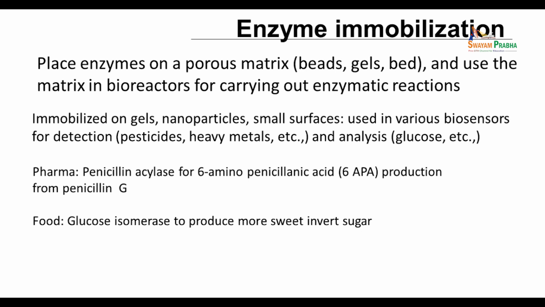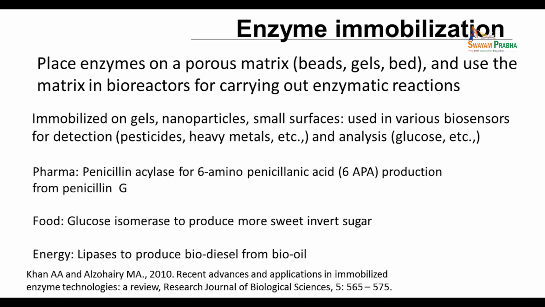In the food industry, glucose isomerase to produce sweet invert sugar, a mixture of glucose and fructose, is also done by immobilized glucose isomerase. In the energy industry, production of biodiesel from bio oil is carried out using immobilized lipases.